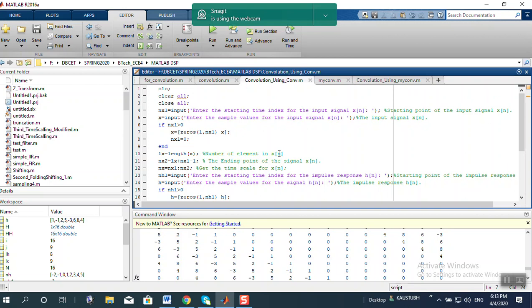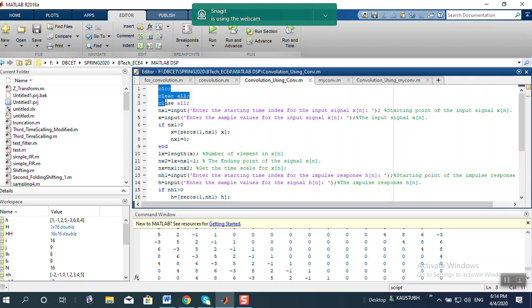The thing is, as already mentioned, the built-in conv command gives you the convolution sum but does not provide any time-related information. But if we can manage the time-related information ourselves, then we can use the conv function along with it. So let's see this example.